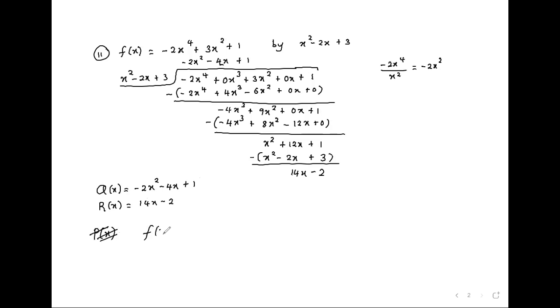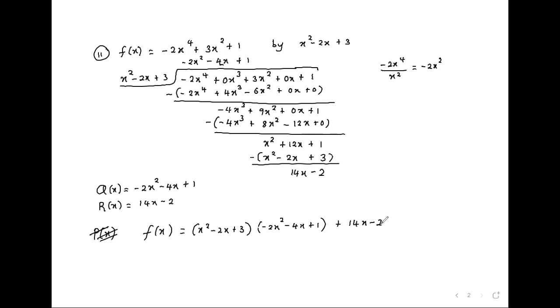So, our f(x) is equal to, what's the divisor? The divisor is x² minus 2x plus 3 multiplied by our quotient, negative 2x² minus 4x plus 1, plus the remainder 14x minus 2.